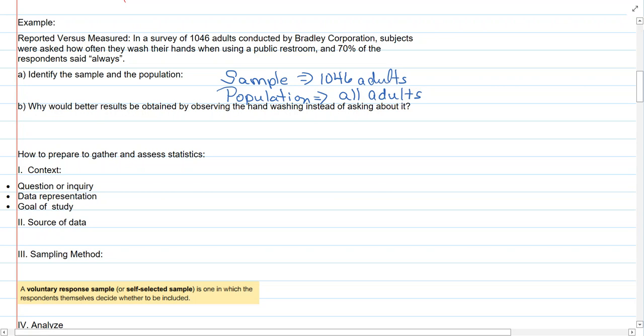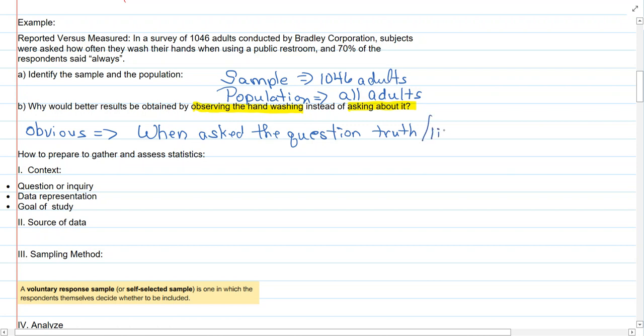So here we go. Why would better results be obtained by observing the hand washing instead of asking about it? Well, it's obvious, isn't it? When asked the question, truth or lie can occur.